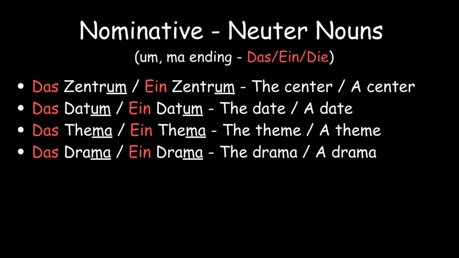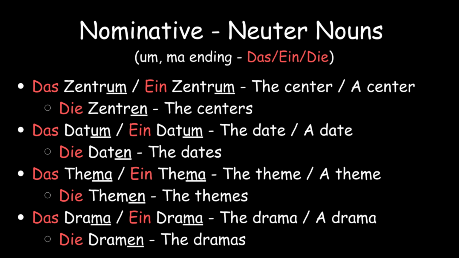Das Zentrum, ein Zentrum. Das Datum, ein Datum. Das Thema, ein Thema. Das Drama, ein Drama. To pluralize them, we change the endings to -en. Die Zentren, die Daten, die Themen, die Dramen.